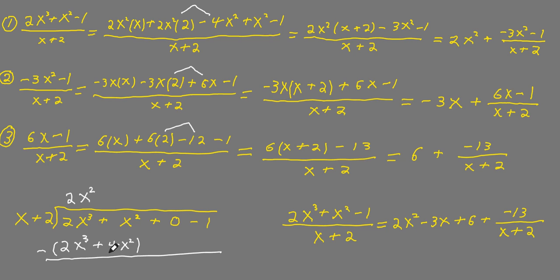And then I have to subtract off this term, so I'll have 4x squared times the minus sign is minus 4x squared. And then when I combine it with the remaining stuff over here, I get minus 3x squared plus 0, which is just a placeholder, minus 1.